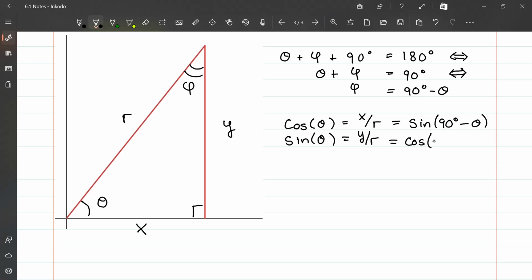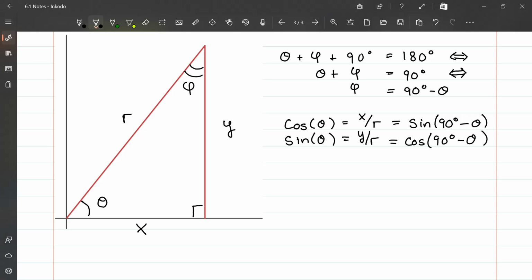Since phi is exactly the same thing as 90 degrees minus theta, if I wanted to do cosine of phi, y over r, I could also just as easily do cosine of 90 minus theta. And so we get the next of the cofunction identities. Sine of theta is equal to cosine of 90 degrees minus theta.